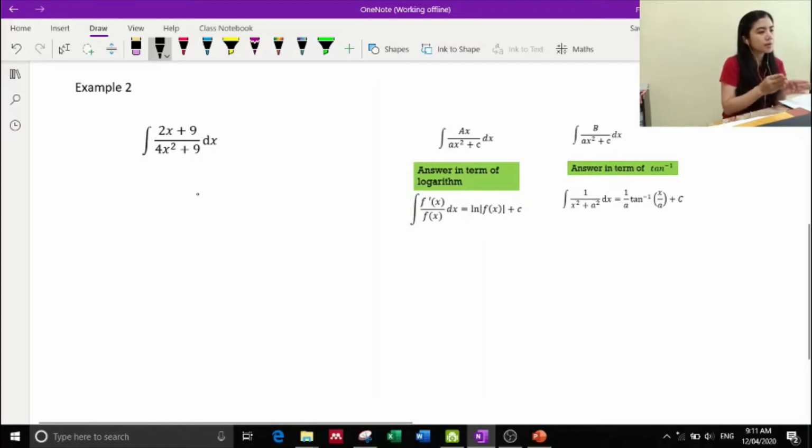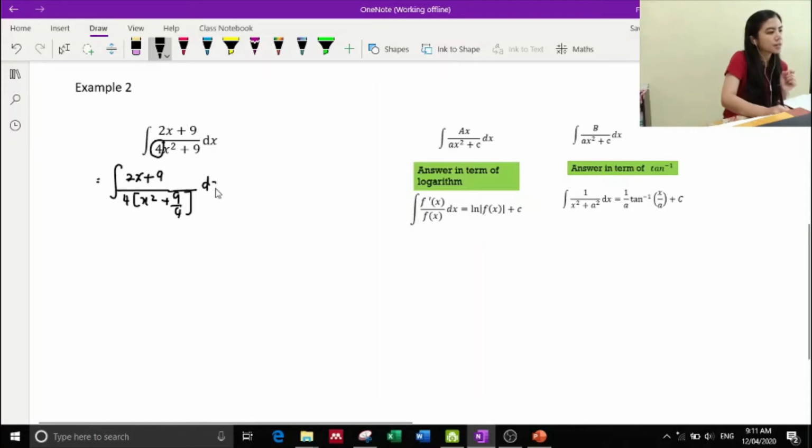So the first step to solve these questions is, we're going to factor out the 4 from the quadratic at the denominator. So you factor out the quadratic. So you will have 4 here. So this is x squared, and it's 9 over 4.